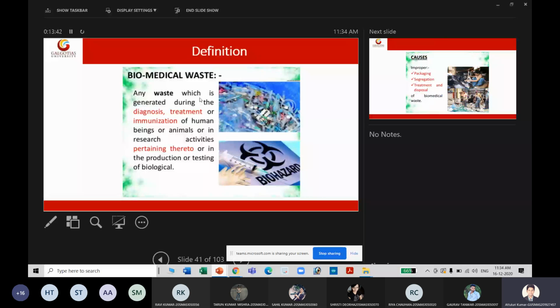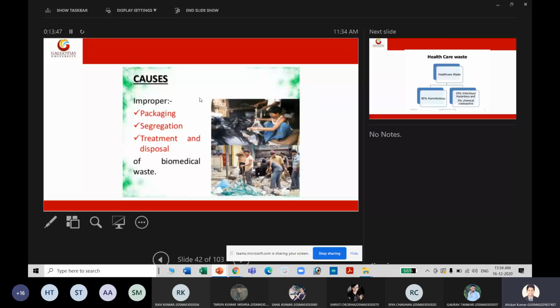Okay. So same definition. So what are the causes of waste? Why is waste generated? Here I'm telling about the cause of large amount of waste generation. It is due to improper packaging, improper segregation, and improper treatment and disposal.